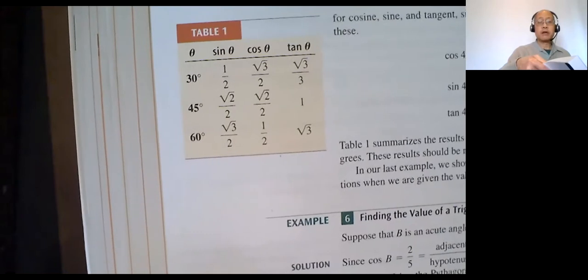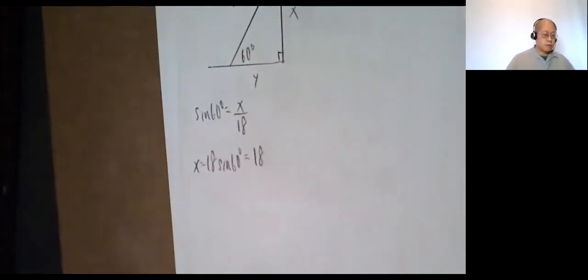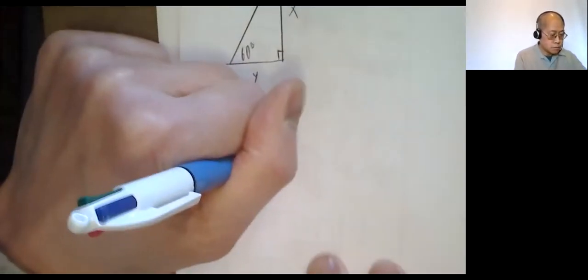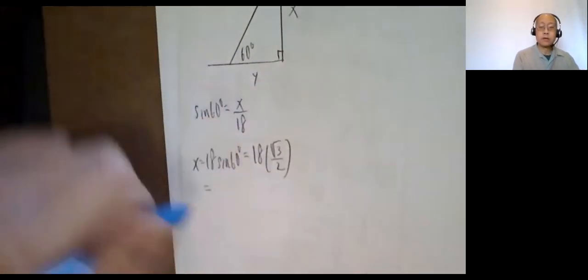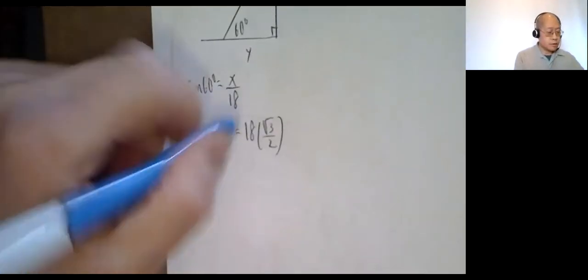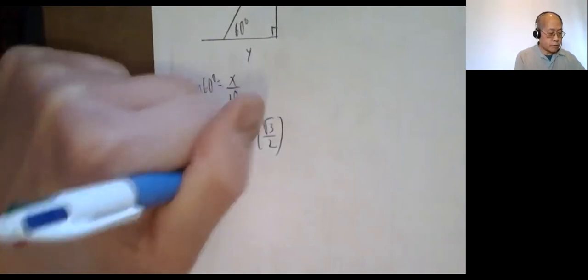They want you to use the so-called exact form from our table. It's hard for me to remember every time, but it was radical 3 over 2. Sine of 60 degrees is radical 3 over 2. 18 divided by 2 is 9. So 9 radical 3.